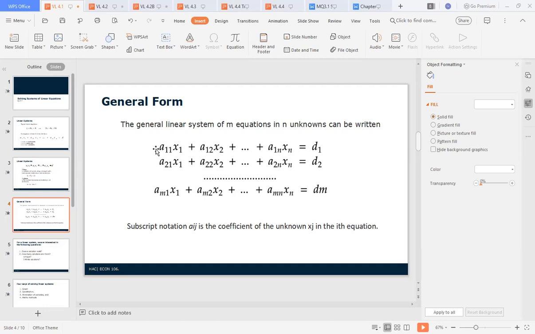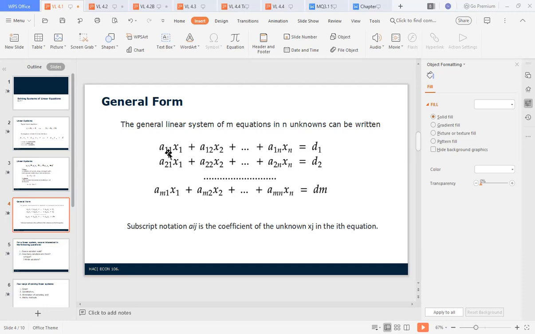So when I say A11, we have a specific location, 1, 1, there, and that is attached to the variable x sub 1. Just adding to the three things earlier, these are the coefficients.